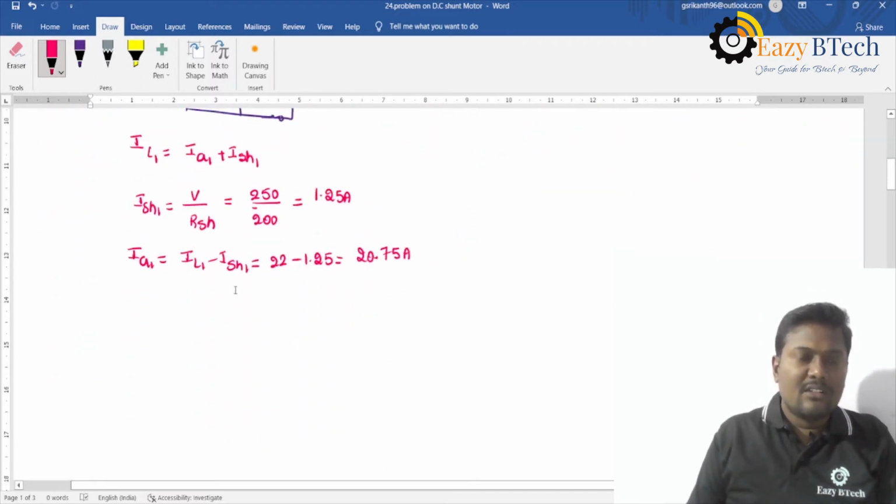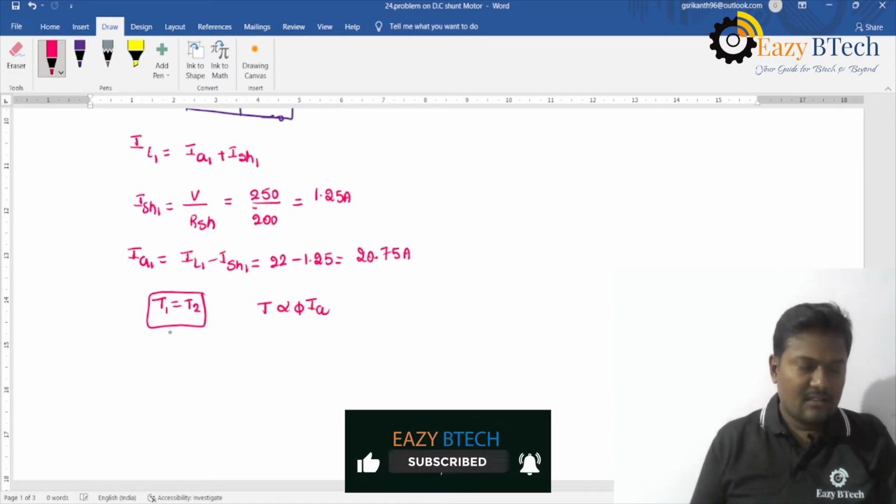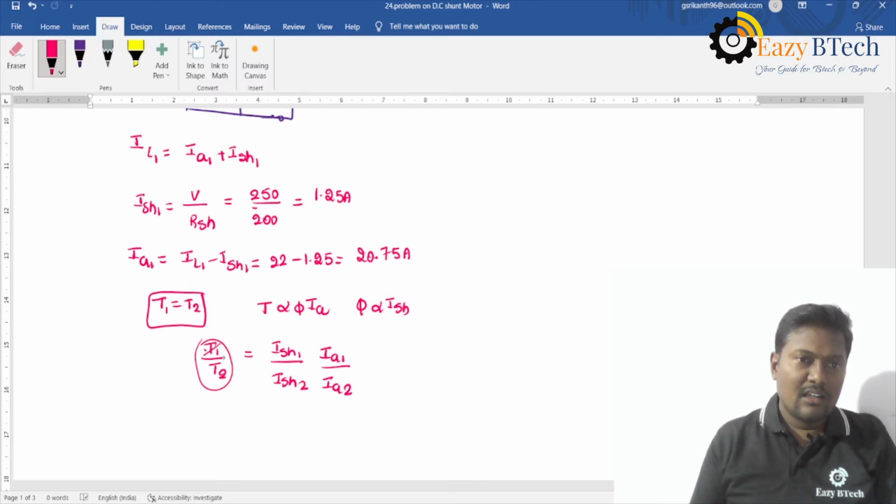So what is the meaning of load torque is constant? T1 is equal to T2. We know that torque is directly proportional to flux into Ia, and the flux is directly proportional to shunt current. So T1 divided by T2 is equal to ISH1 divided by ISH2 into Ia1 divided by Ia2. Since the torques are equal, the ratio is 1.